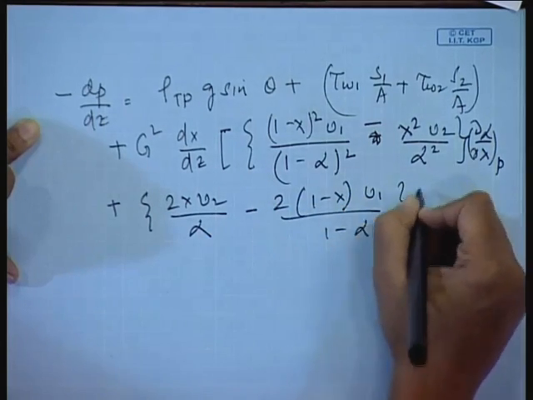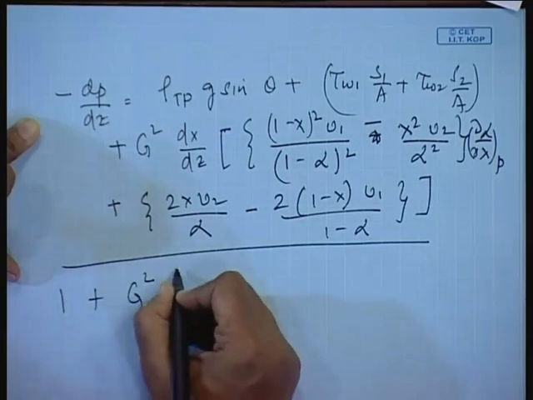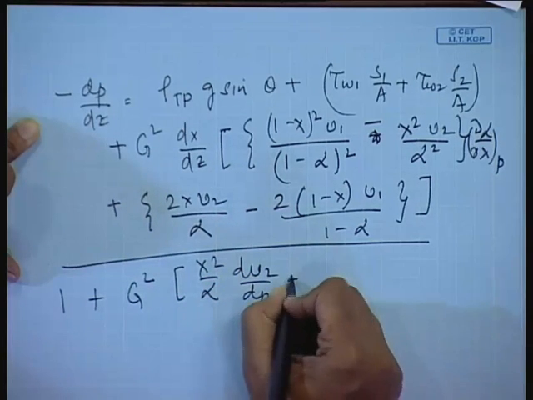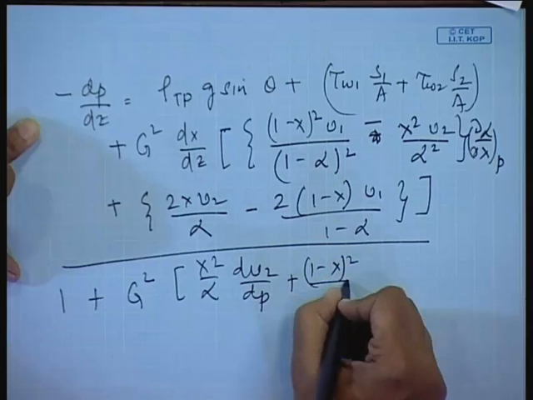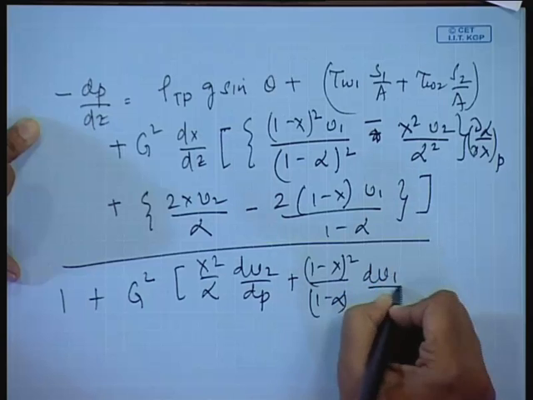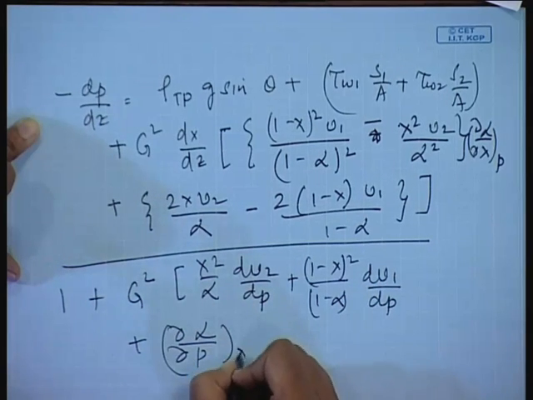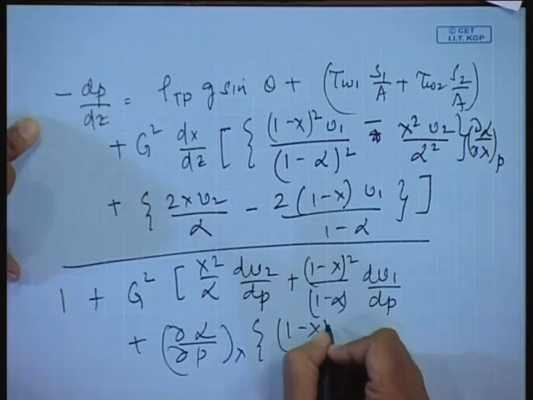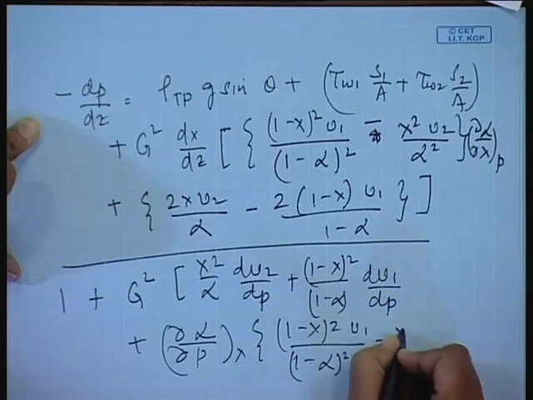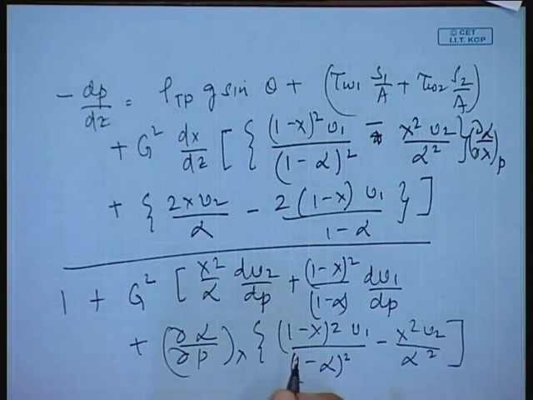So, this was the numerator part divided by 1 plus G square x square by alpha dv2/dp plus (1 minus x) whole square by (1 minus alpha) dv1/dp. So, this was all we had already deduced.